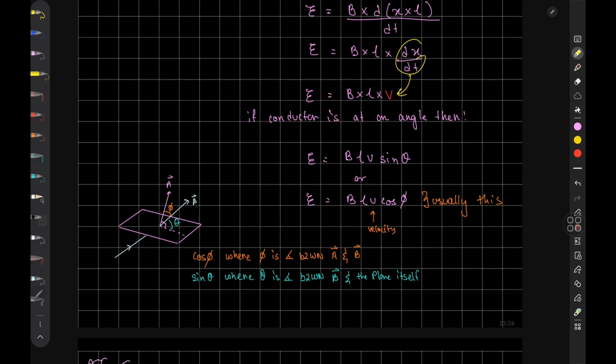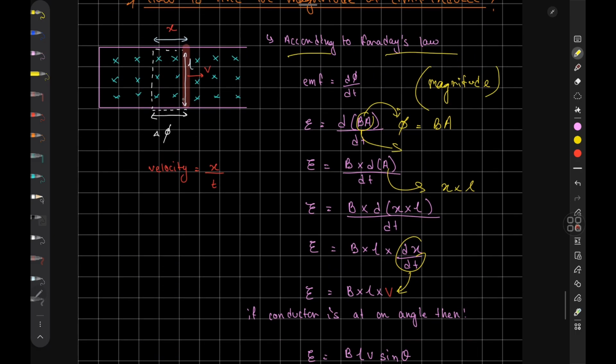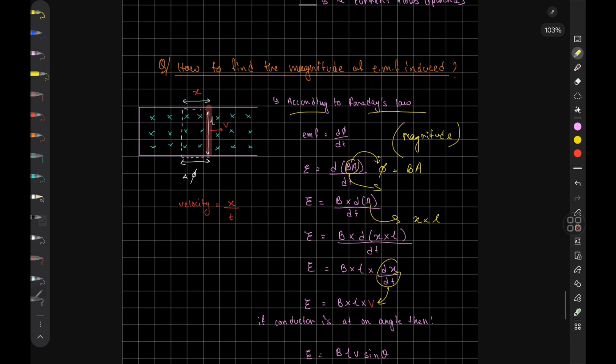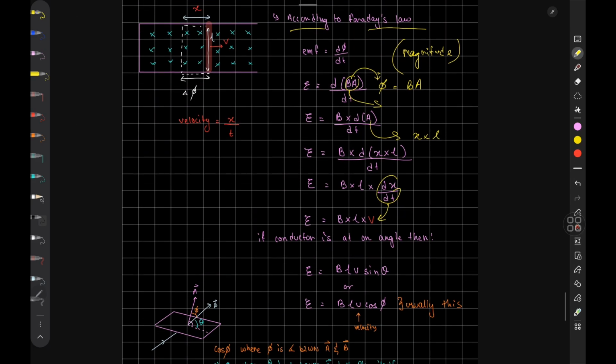So now what happens if this conductor was at an angle to the magnetic field, or was moving at an angle to the magnetic field? So what I mean by that is, let me make the visualization a bit easier for you lot. So let's say this is the North Pole, this is the South Pole, and this is the magnetic field, and I have a wire. Okay, so think of this wire being into the page.